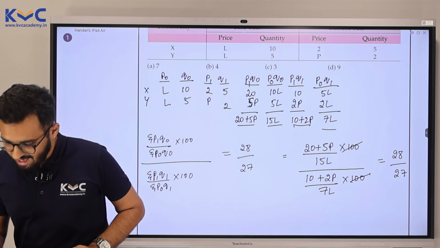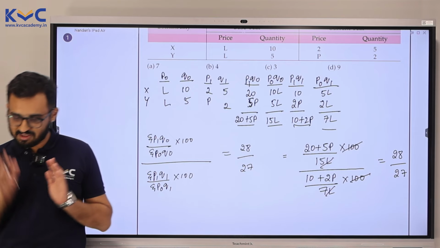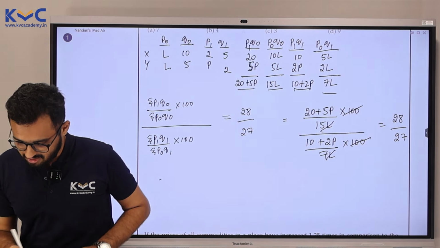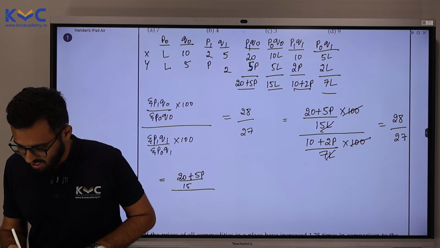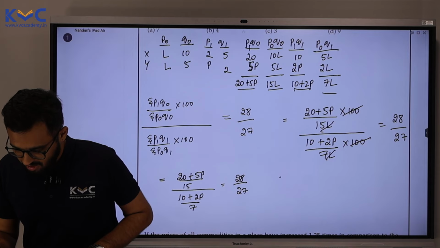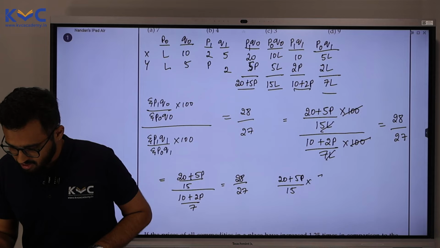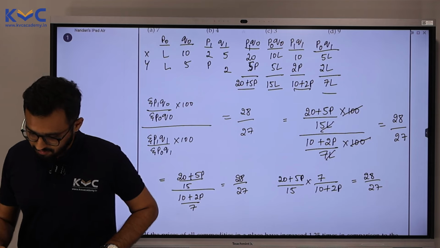Can I say L gets cancelled, numerator and denominator? This is the trick. Now you tell me, isn't it so simple now? 20 plus 5P divided by 15, divided by 10 plus 2P divided by 7, is equal to 28 by 27. That means 20 plus 5P divided by 15 into 7 divided by 10 plus 2P is equal to 28 by 27. Now what?